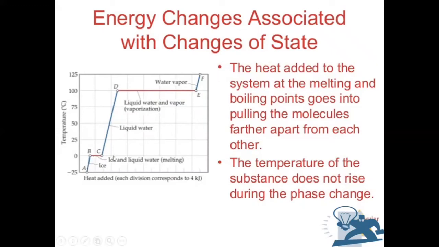And then, when the ice melts, you will notice naging constant yung kanyang temperature. Pero nung naging liquid, ito na, nag-increase yung temperature. Nung yung liquid naging water vapor, you will see here a constant temperature.